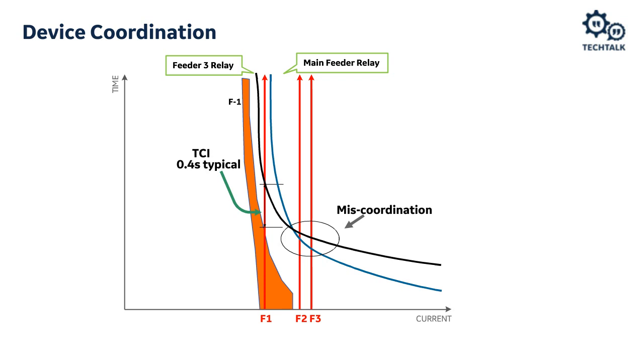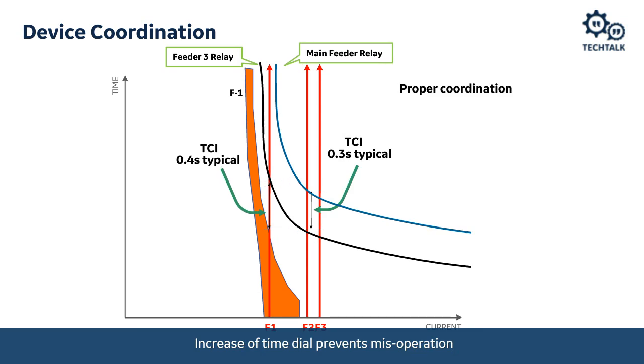So the way that I would probably take care of this problem that we see here is I would simply raise the time dial setting on the main feeder relay. And remember earlier I said that the time dial setting moves that curve up and down the time axis.